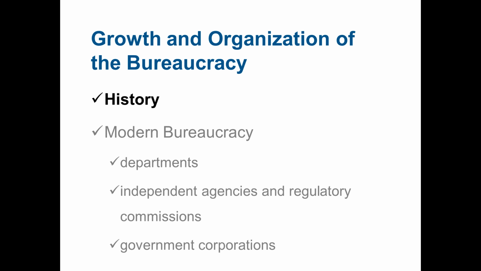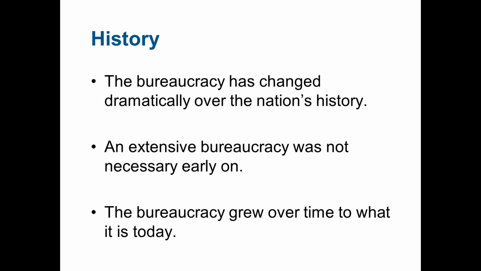And now that we've talked a lot about what the bureaucracy does, what its functions and tasks are, let's go ahead and talk now about how it's organized. How is it structured to go about all these things that it has to get done? To start with a bit of history, the bureaucracy has changed over time pretty dramatically in a couple of different ways. First of all, there just really wasn't that extensive of a bureaucracy.